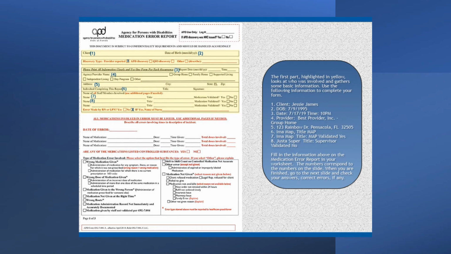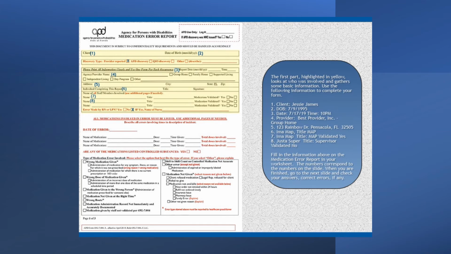The first part, highlighted in yellow, looks at who is involved and gathers some basic information. Use the following information to complete your form. 1. Client Jesse James. 2. Date of birth 7/9/1995. 3. Date 7/17/19. Time 10 p.m. 4.